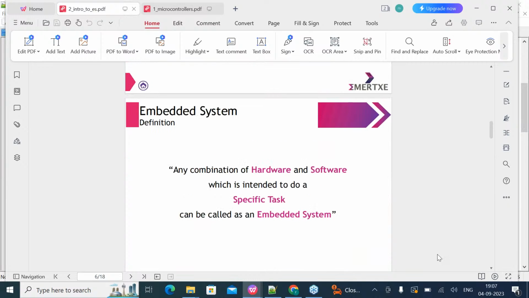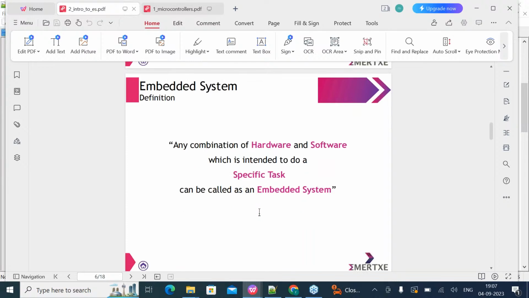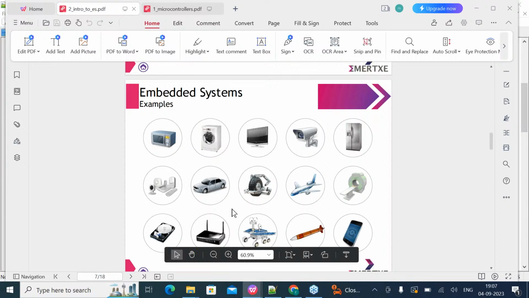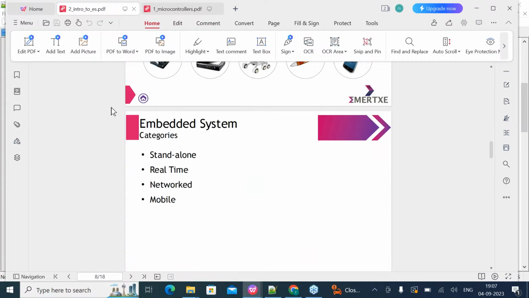In that introductory session, we saw the definition of an embedded system. Obviously, if you're designing an embedded system and you don't know what it is, it doesn't go well. Then we discussed a few examples, as mentioned in this slide, and we also discussed different categories of embedded systems. People, you mentioned many examples, but it's not possible for me to pick each example and say this belongs to this class.